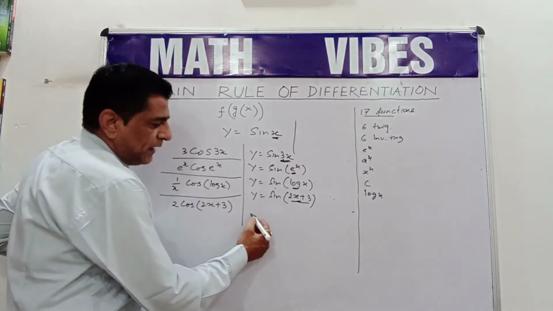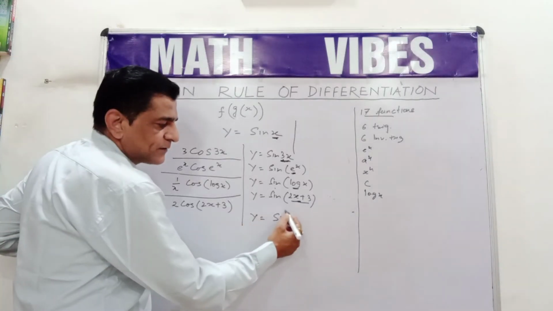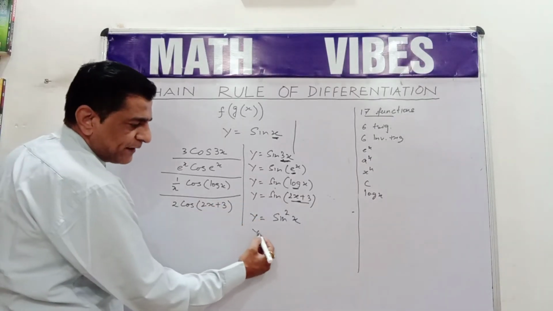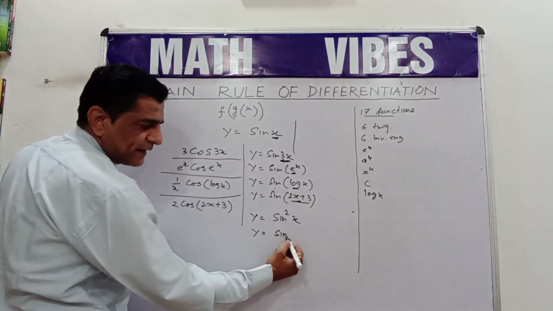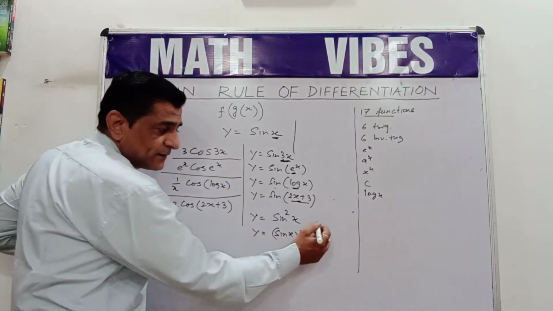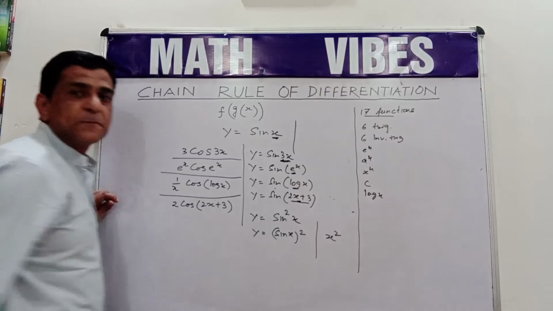Now suppose we have sin square x. To differentiate this, it can be written in another form as (sin x) the whole square. Now the basic function for this is x square.